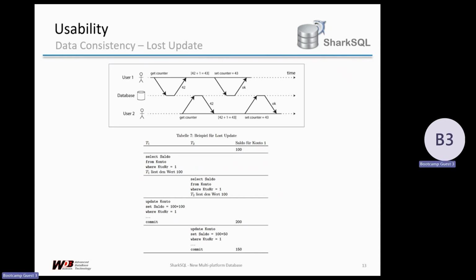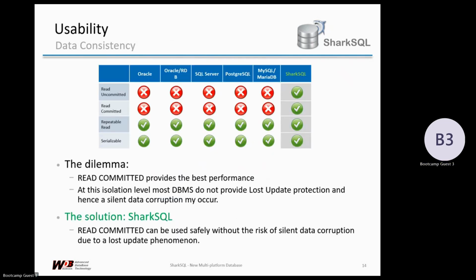And then you have an application which just modifies data, makes a commit, and the next statement is a select which reads back the data. And I was always wondering why. The reason is that they always want to be sure that the real value is in there. Because neither Oracle, nor Oracle RDB, nor SQL Server, nor Postgres, nor MariaDB supports lost update protection on read committed. SharkSQL provides lost update protection on all isolation levels.